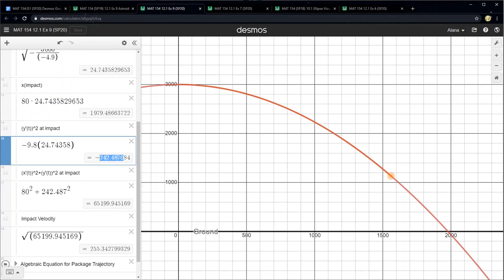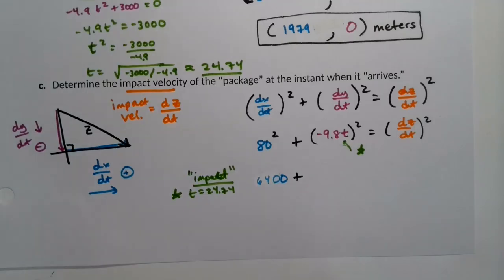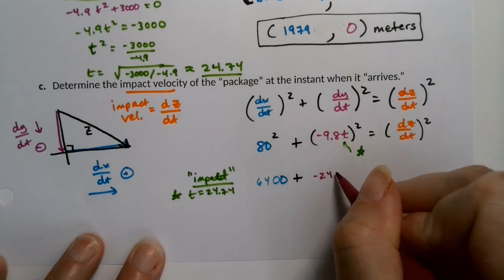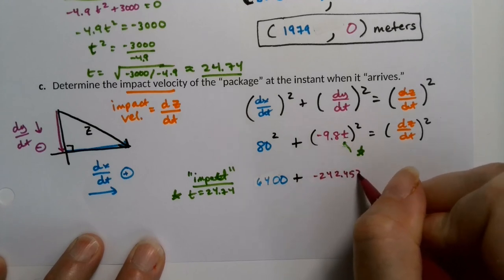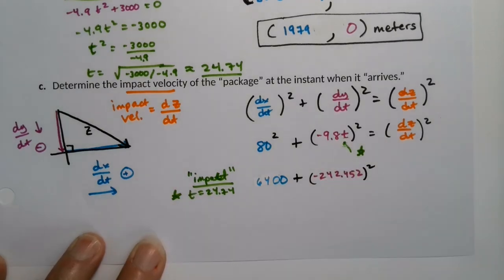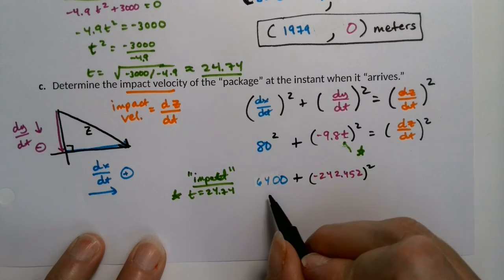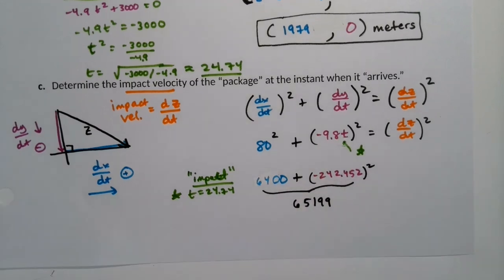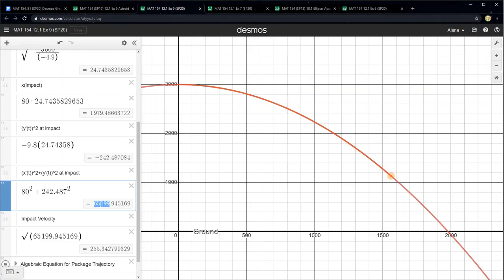And then when I add them both together, the 80 squared plus the 242.487 squared, I get 65,199. I'll write it this way, negative 242.452, and then we're squaring that number. Together these numbers made 65199.945 when I got them out of Desmos.